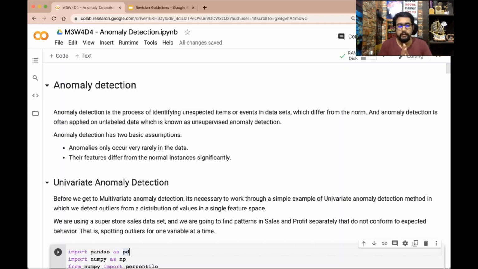This is an inherent assumption of many anomaly detection algorithms. The second one is obvious: their features differ from the normal instances significantly. Whatever is an anomaly will have a very wide range of features, as in you can clearly see that this does not make sense, this does not belong to the data.